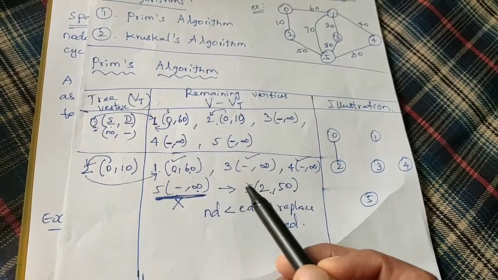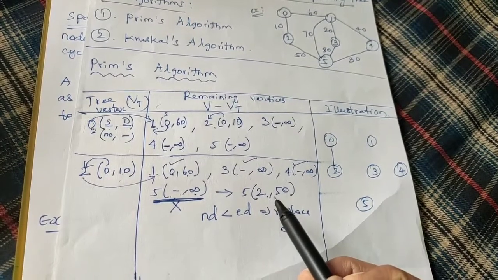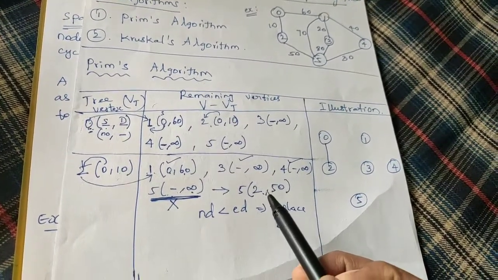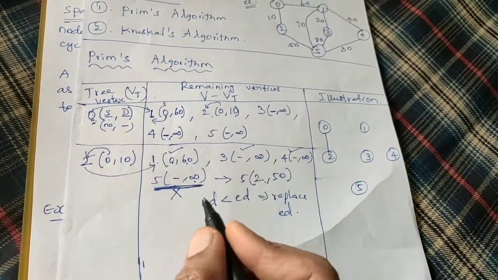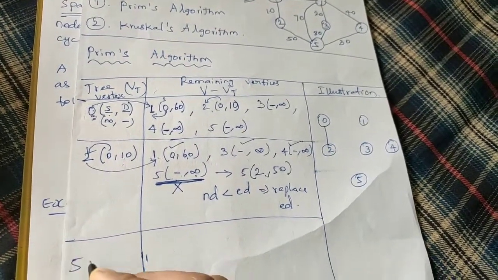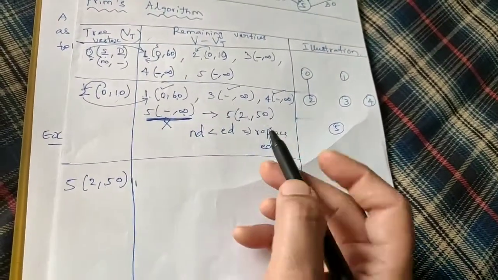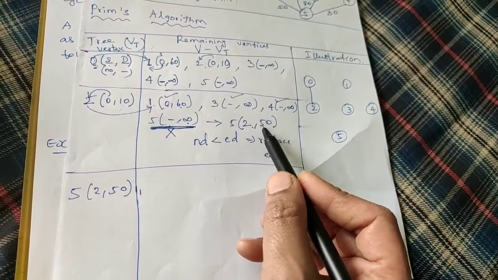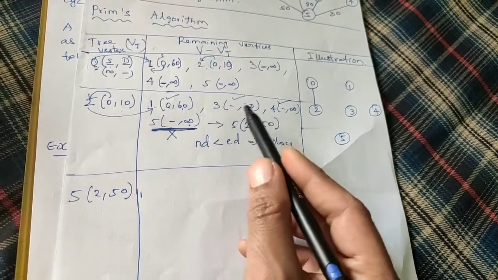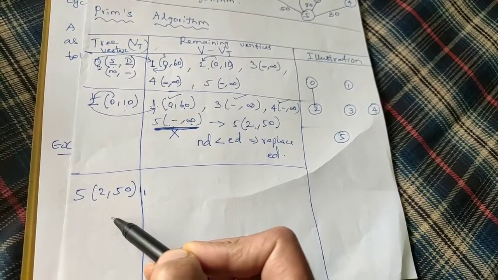So when comparing these, fifth vertex is having the minimum distance. So I am just going to bring this as the next tree vertex 2, 50. This is having the minimum distance when compared to all the other 3. So I am just bringing this as the tree vertex for the next time.